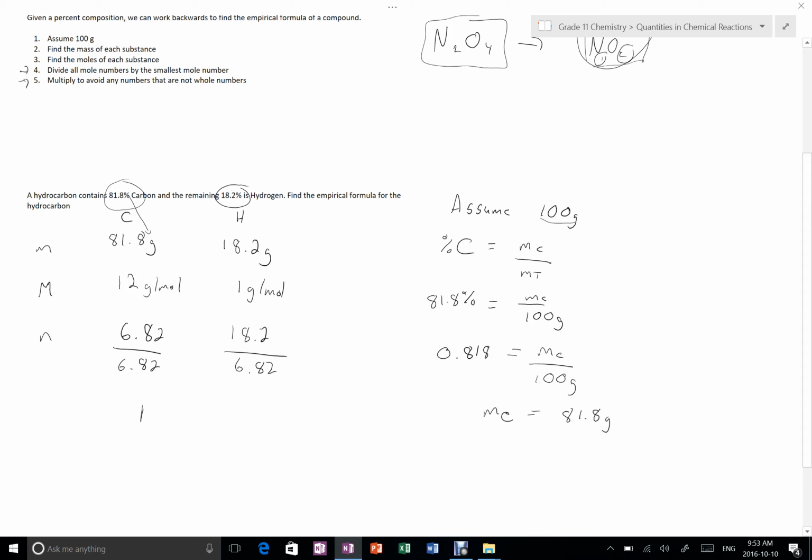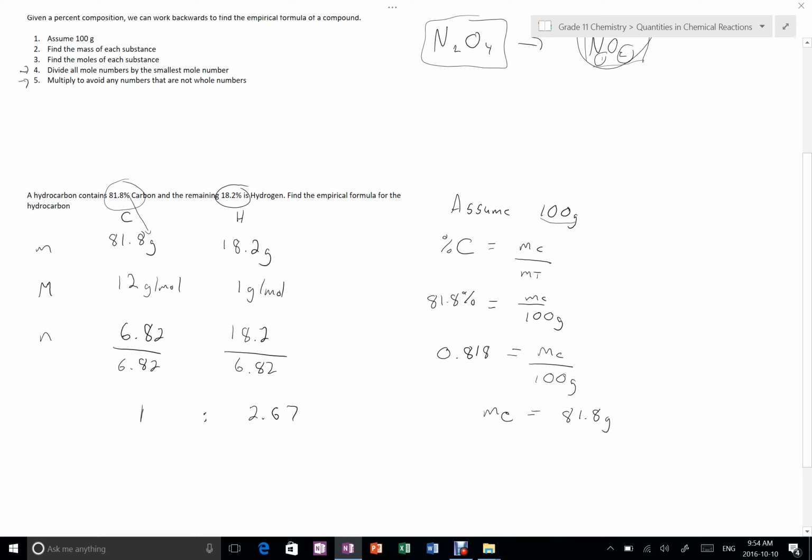This one obviously turns into a 1. And 18.2 divided by 6.82 is 2.67. So that's not great. I wanted that to be a whole number ratio.